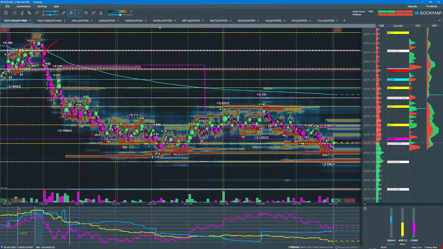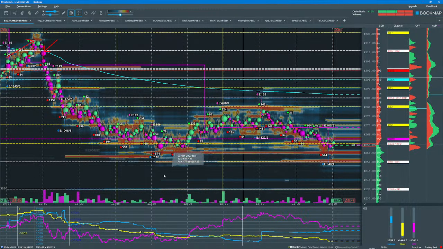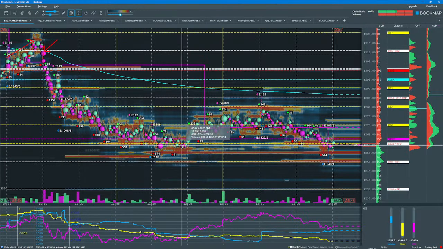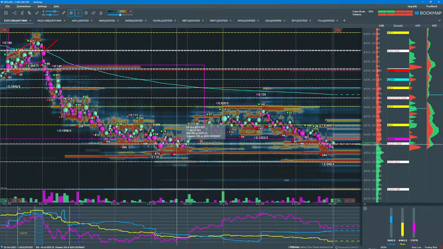A magenta dot indicates more sellers than buyers. And note the aggressive sellers come in at that level right at 10 a.m. and take price lower down to this 42.25 level. So about a 50-point drop from 42.76 to 42.25. Those are SPX numbers.